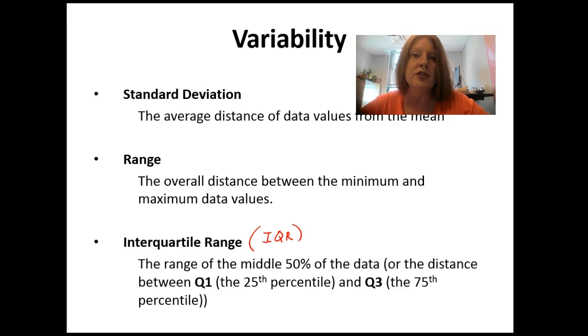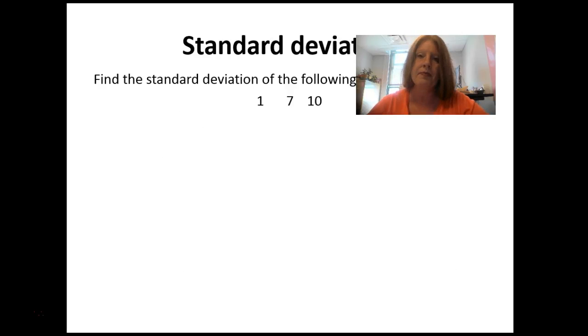So again, we're getting just the range of the middle 50% of the data. And we'll talk in a little bit about how we find the quartiles, and why we might want to focus on the interquartile range rather than something like the overall range or the standard deviation.